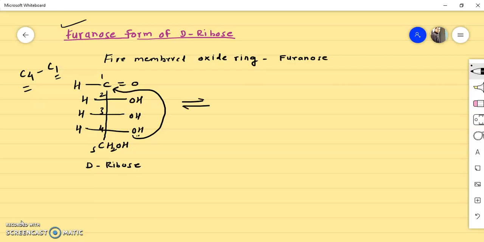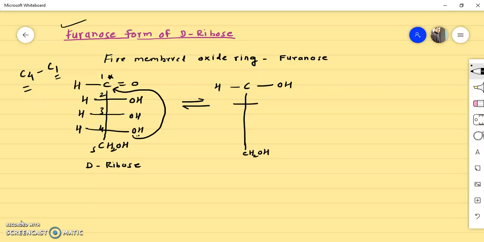Now depending upon the position of the resulting OH group, there are 2 anomers possible. One is the alpha anomer, another is the beta anomer. You know very well that this carbon becomes the anomeric carbon. So if the hydroxy group is on this right hand side, then we call it the alpha anomer. The rest of the molecule will be like this, CH2OH.